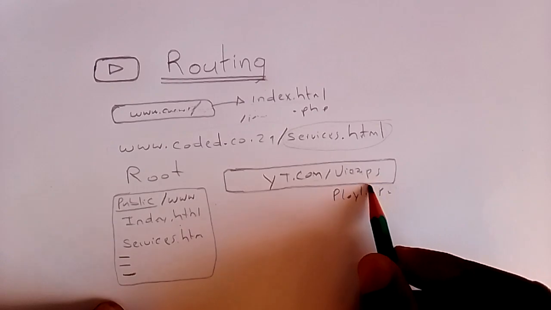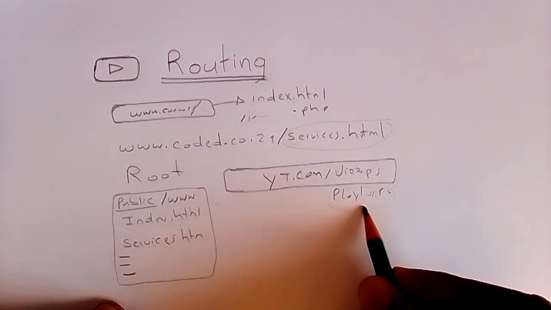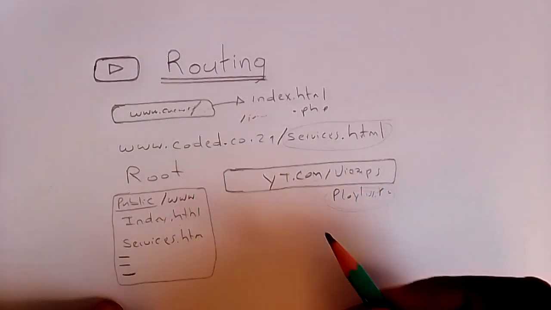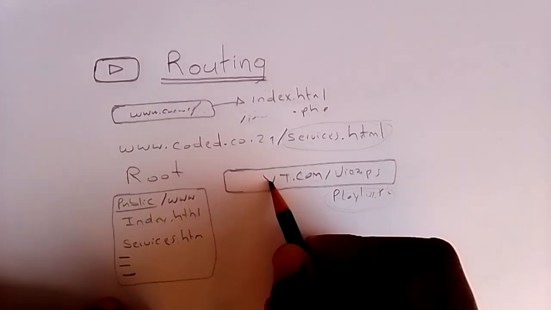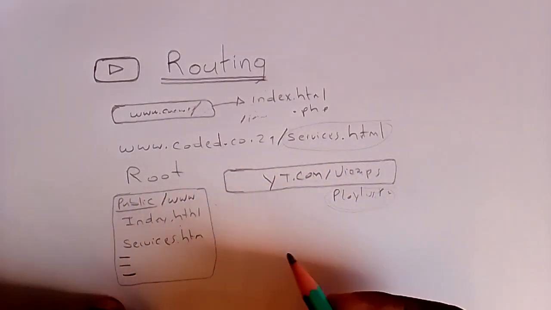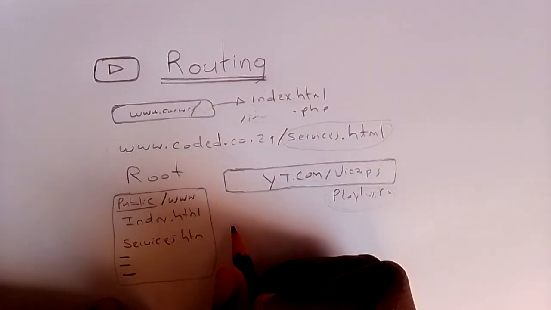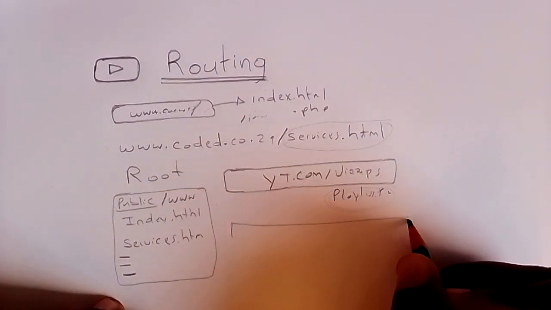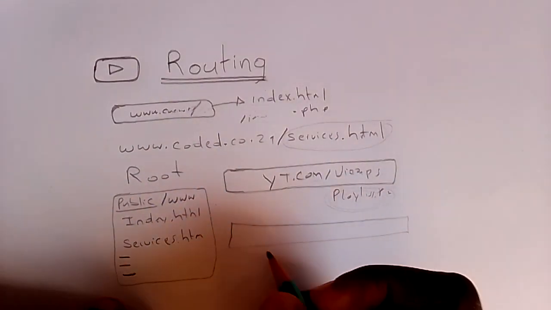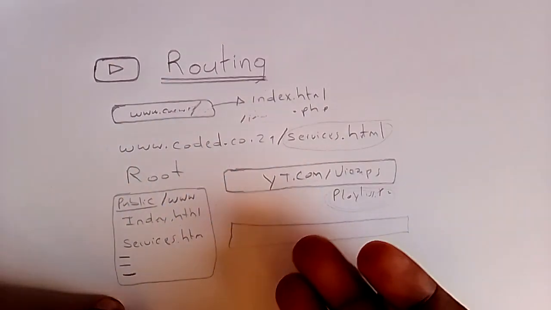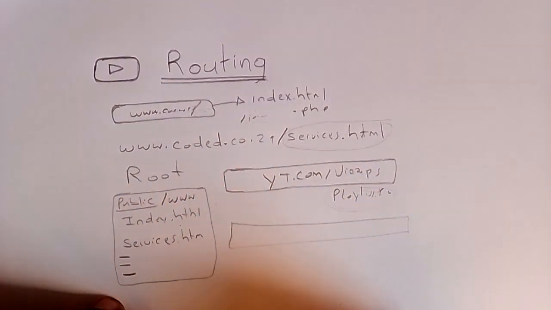Why are you not seeing these files and pages? Why are YouTube URLs different from your so-called general normal web application URLs? Usually these URLs are called pretty URLs or short URLs.